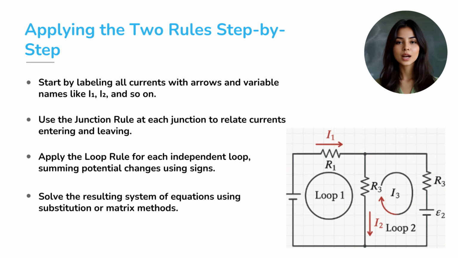Now let's learn how to systematically apply Kirchhoff's rules to a circuit. Step 1. Label all the currents with arrows. Call them I1, I2, I3, and so on. Step 2. Apply the junction rule at every junction. That gives you equations relating the currents.